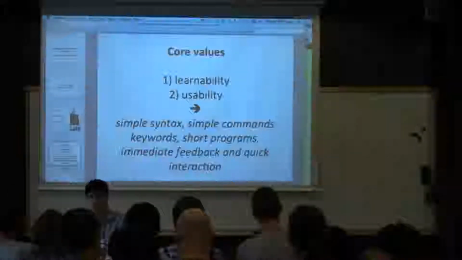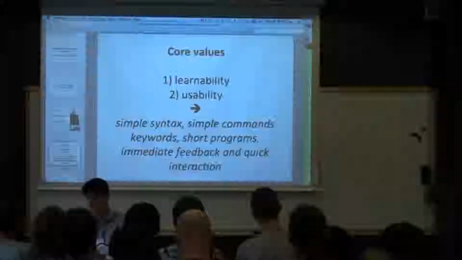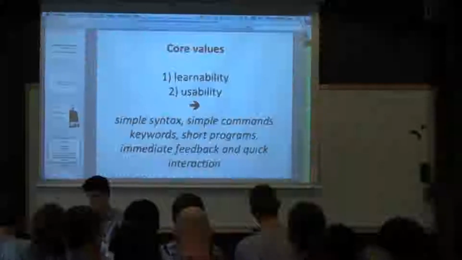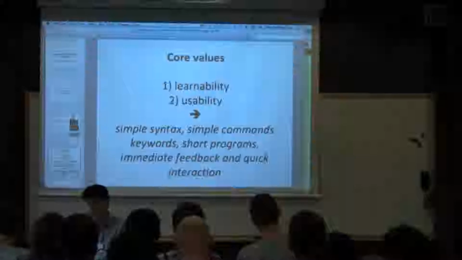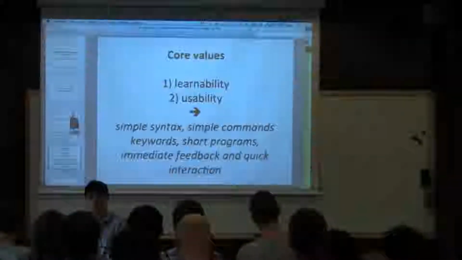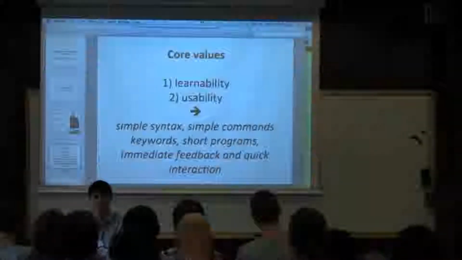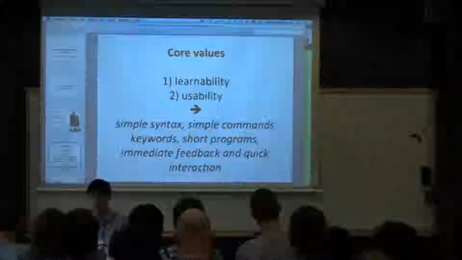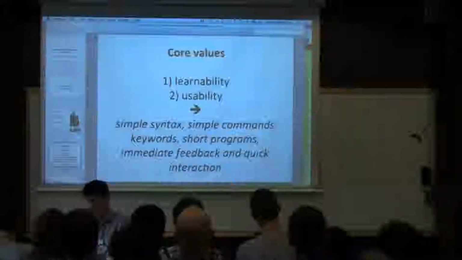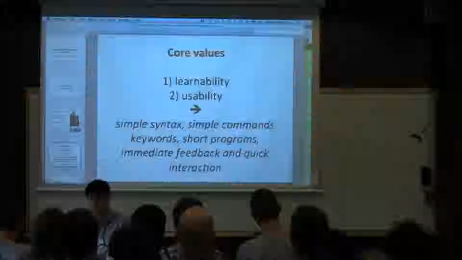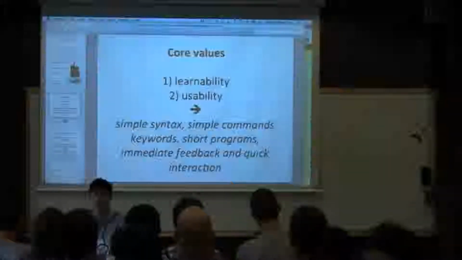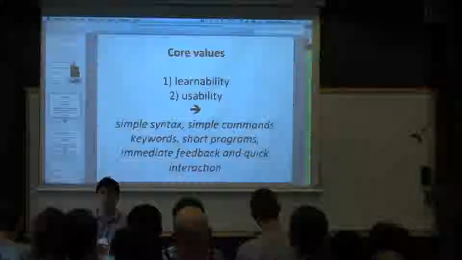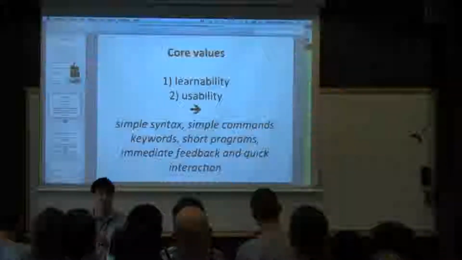Usually you can go for more fancy descriptions and names for those primitives, but we chose simple ones. We cater mostly for short programs, not necessarily multi-page programs, as we do live coding. And we value immediate feedback and quick interaction. So you've seen that you don't have to compile or run specific parts of code, everything is type and run.